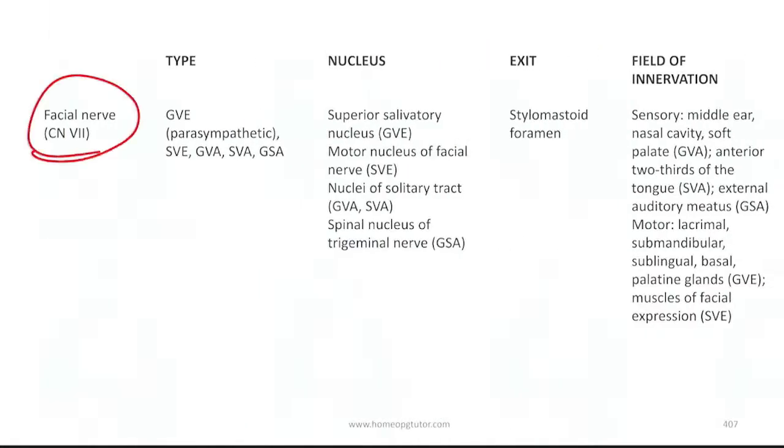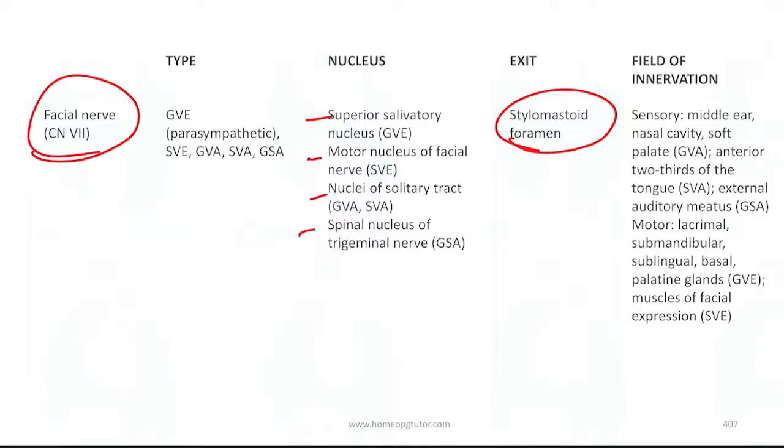Facial nerve, it is very important, exits the stylomastoid foramen. We have lots of nuclei over here. We have superior salivatory nucleus, motor nucleus, nucleus of solitary tract, and spinal nucleus of trigeminal nerve. All these together form the facial nerve.